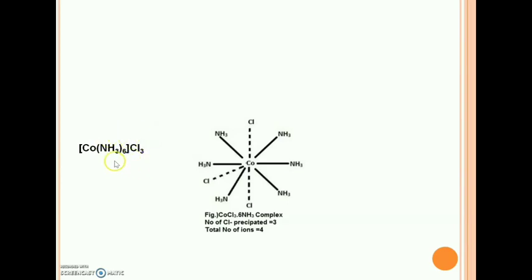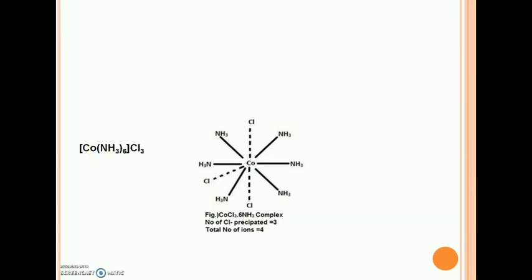When we add silver nitrate to this compound, a white precipitate of silver chloride is formed. That means the 3 chloride ions combine with silver nitrate, forming 3 moles of silver chloride, so primary valencies are ionizable. Whereas the secondary valency will not give any precipitate, and therefore secondary valencies are non-ionizable.